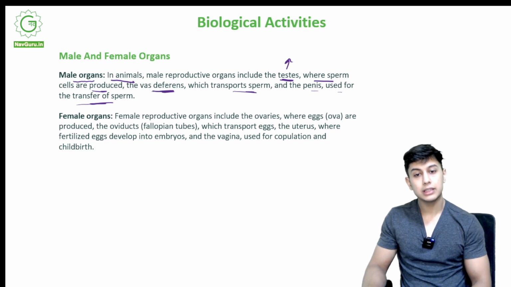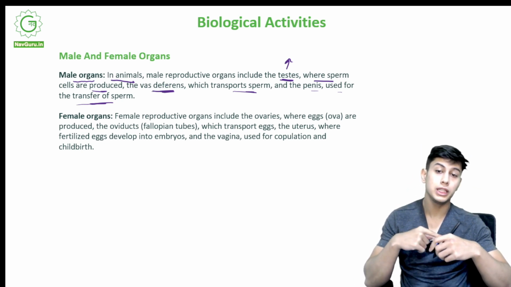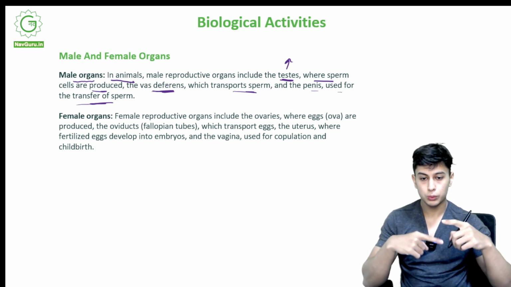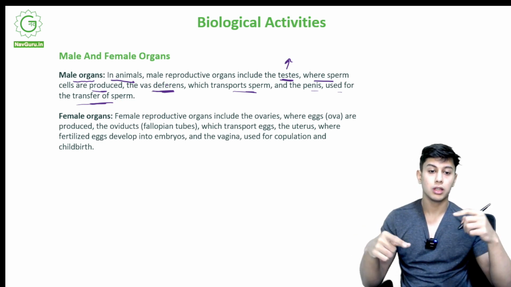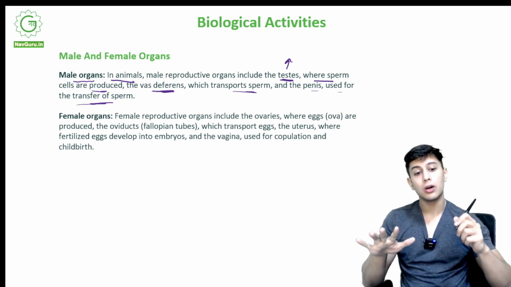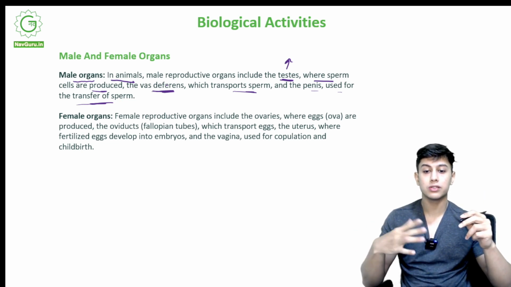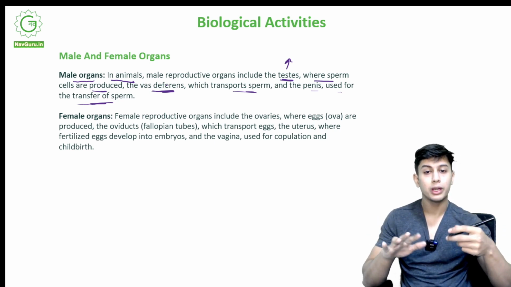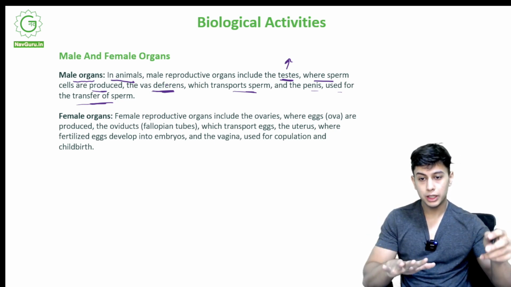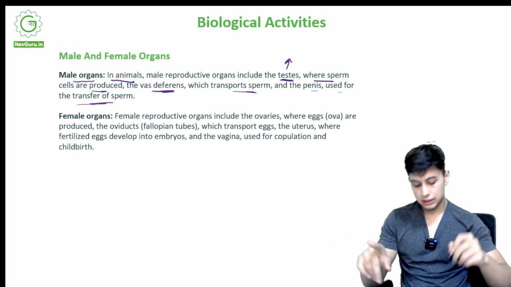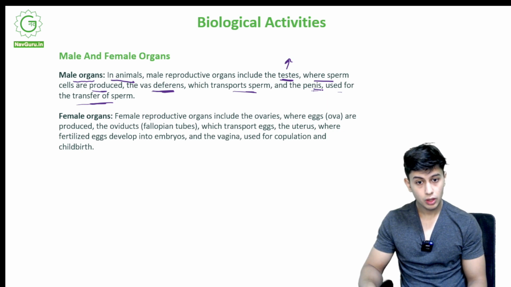Now the sperms that are produced need to be transported, so it is connected to a vas deferens through which sperm is transported. And the penis, all right, so penis is a male organ that is used to transfer the sperm, because we don't have pollination, all right, we don't have asexual reproduction, we need to transport it to the female, that is through penis.